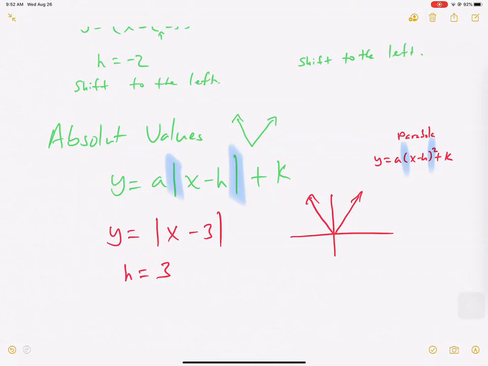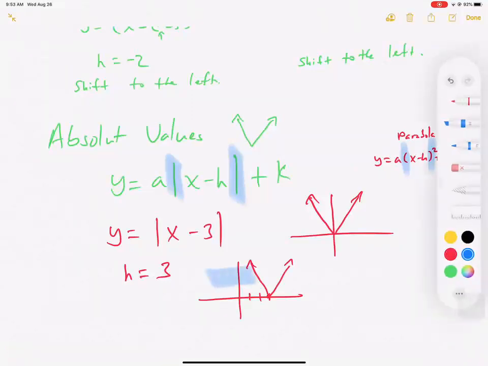So since we know h is my horizontal shift, this graph here is the same graph except 1, 2, 3 steps over. The graph got shifted by 3 spaces.